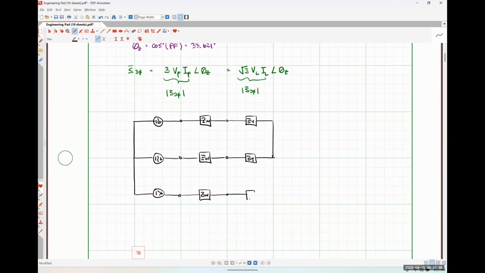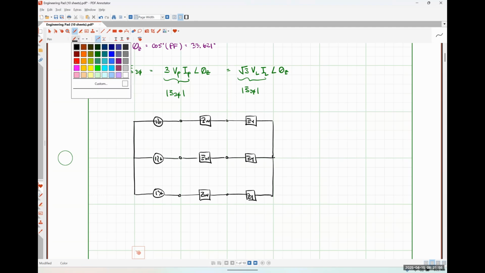So this is a simple representation of a YY system. We don't know what any of these impedances are as of yet, but that's not really important for what I'm trying to show you guys here in a second. So this is my line current, IAA, and I've been given the magnitude of that line current, right?